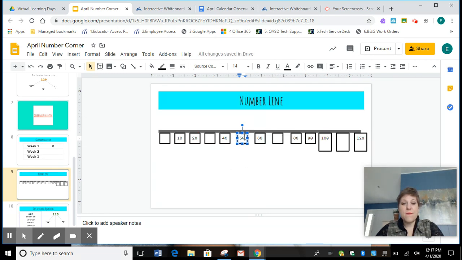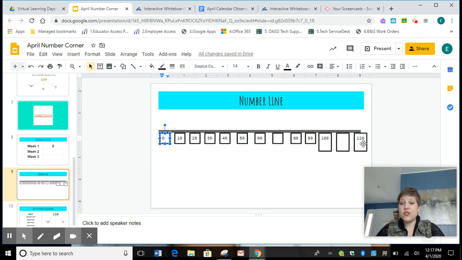Well, what if I was at 50 and I wanted to take away 20? 30, you got it. What is 10 less than 10? 0. 10 minus 10 is 0.